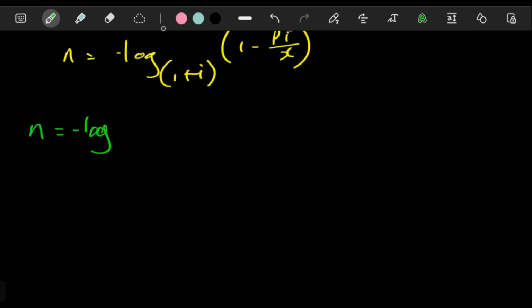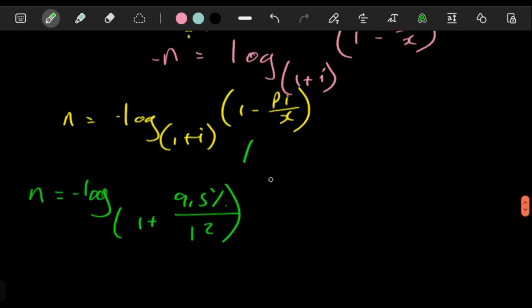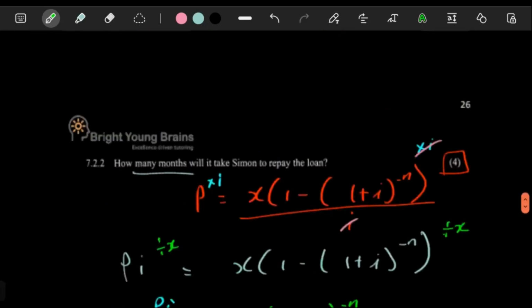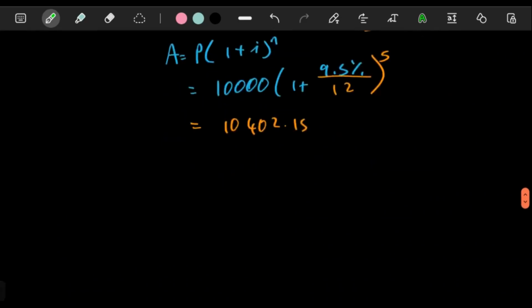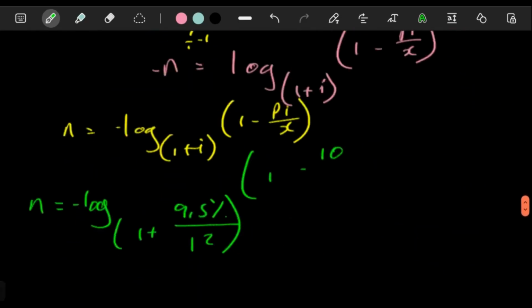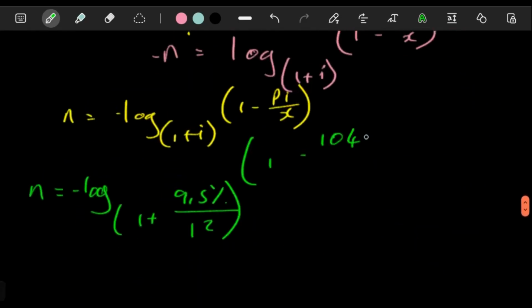So let's see here, log 1 plus interest. The interest is 9.5% per annum compounded monthly, so you have to put that over 12. Then 1 minus p. Remember, as long as your amount has gained interest over some time, the original loan value doesn't mean anything anymore, because you don't owe that much anymore.